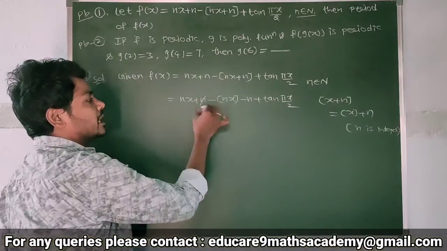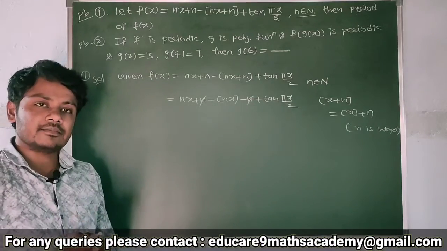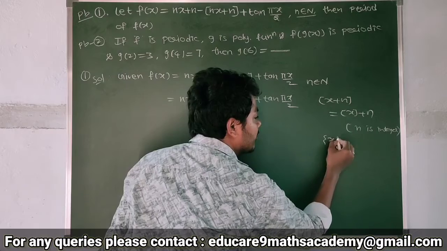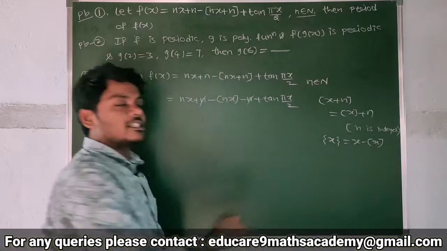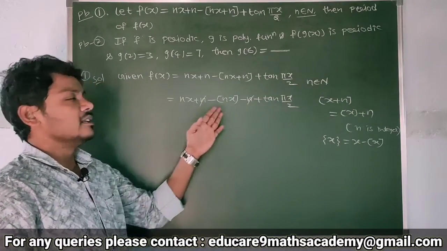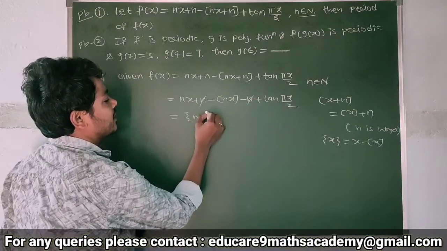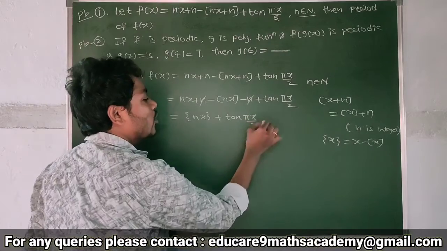See here, both n should be cancelled. Now nx minus step nx. So you know the fractional part of x. How to write the fractional part of x? x minus step x. So this is the fractional part of x. So clearly this can be written as fractional part of nx plus tan pi x by 2.